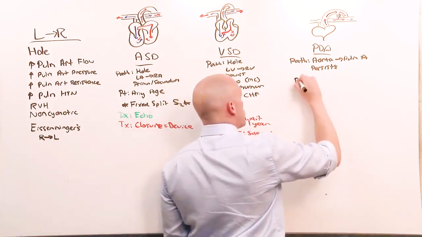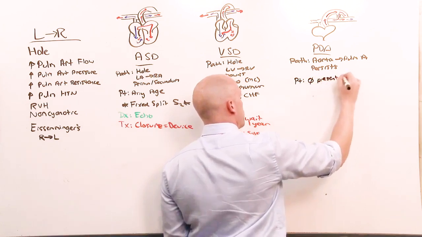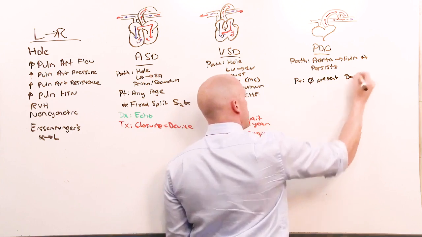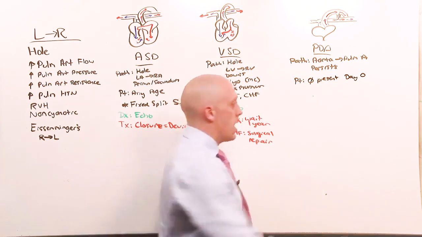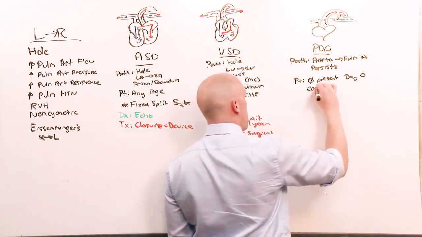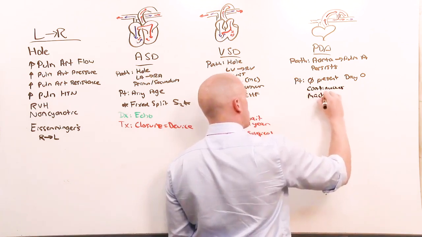The patient is going to present with a murmur that is not present on day 0. And the murmur is going to be written out as a continuous machine-like murmur.